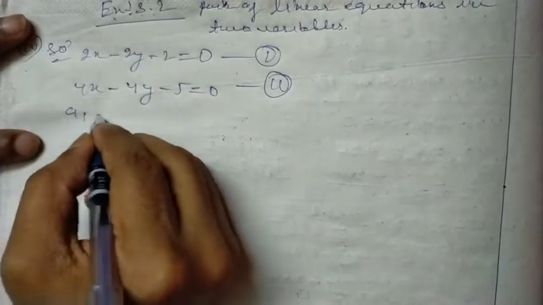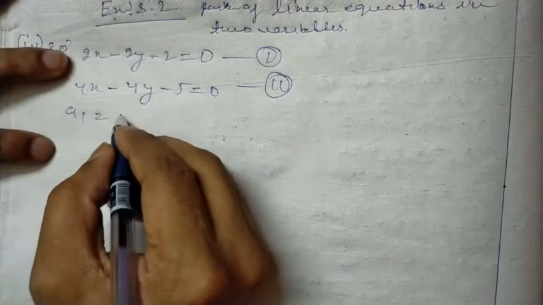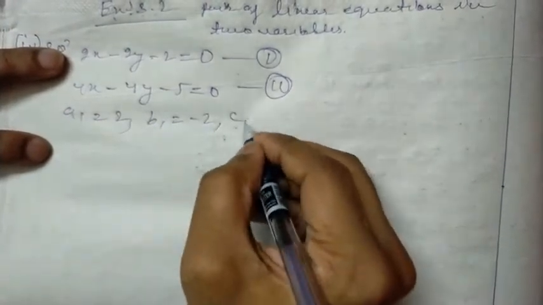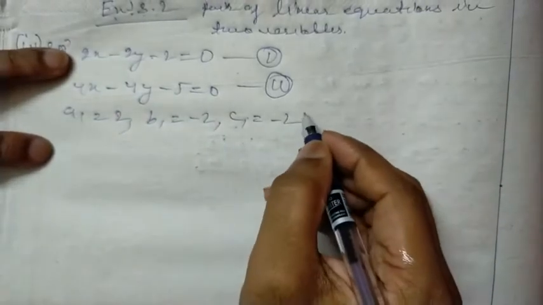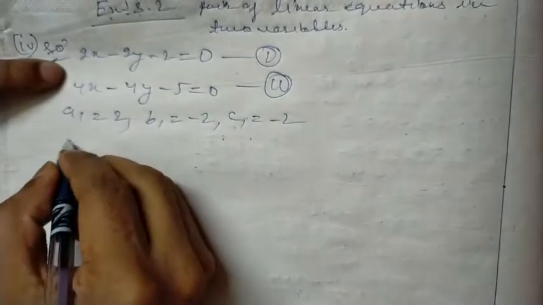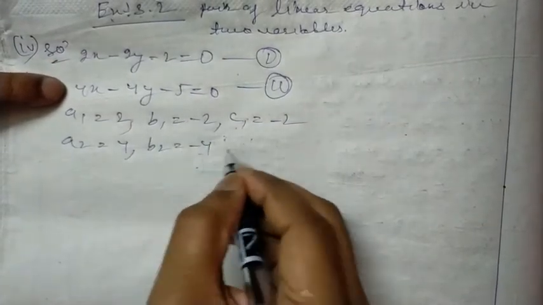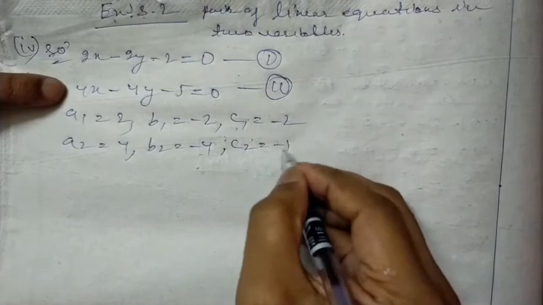So we can say a1, the x coefficient, is 2, b1 is minus 2 and c1 is minus 2. a2 is 4, b2 is minus 4 and c2 is minus 5.